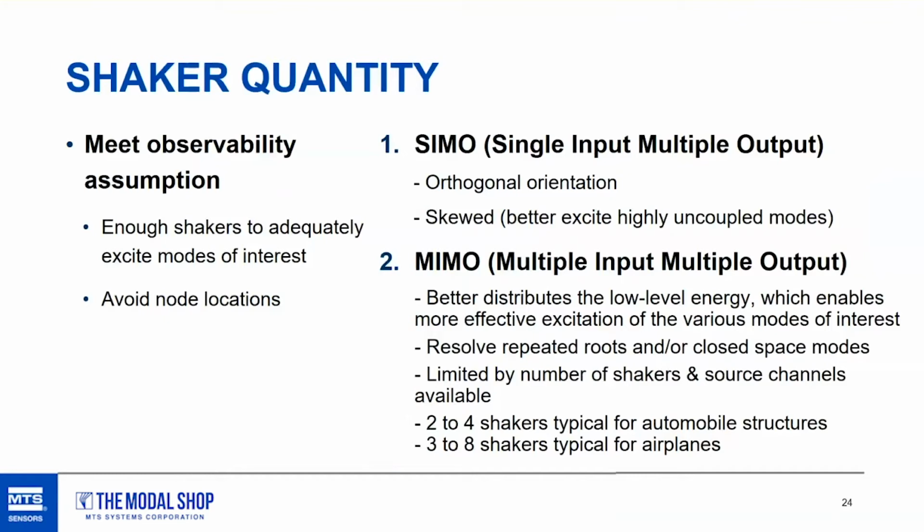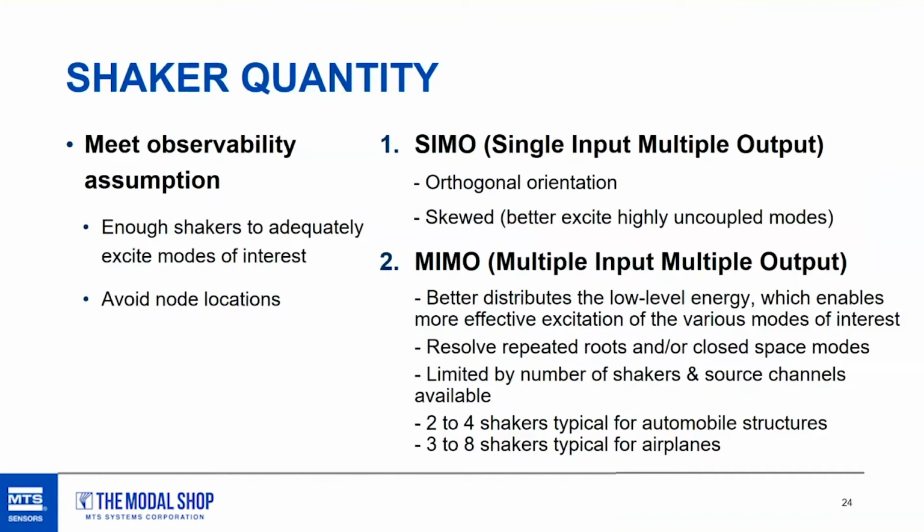You basically want to have enough shakers to properly drive or excite the modes of interest, so you can observe them. And the way of doing that is typically, if you can, using 2 or more shakers, what we call a MIMO arrangement. It's a multiple input, multiple output configuration.